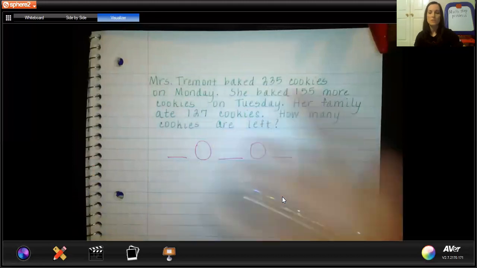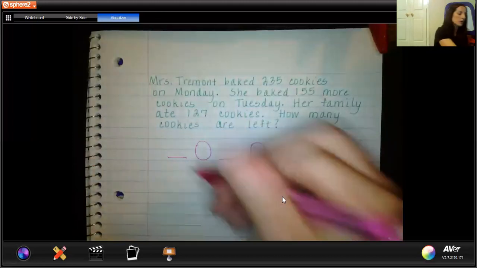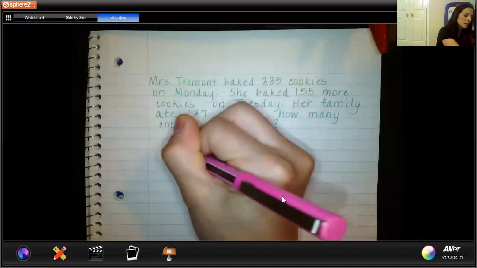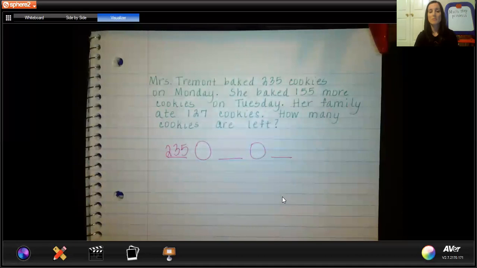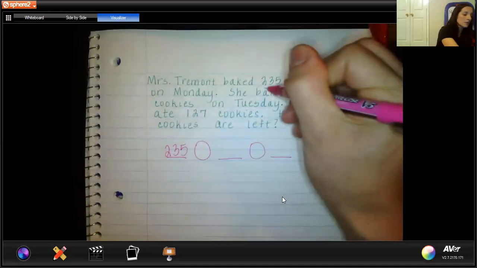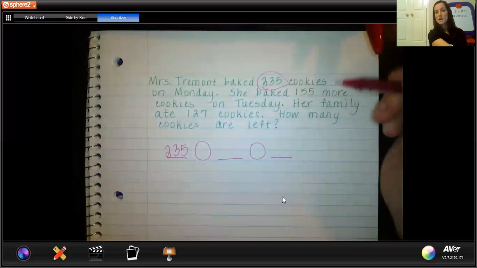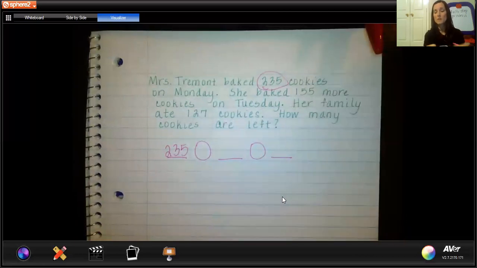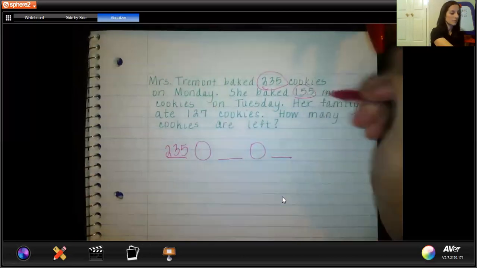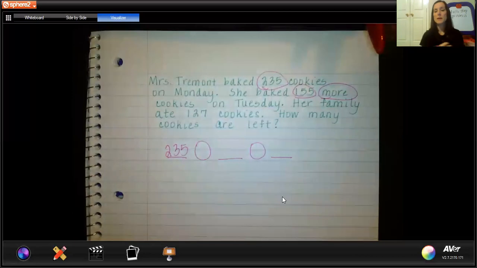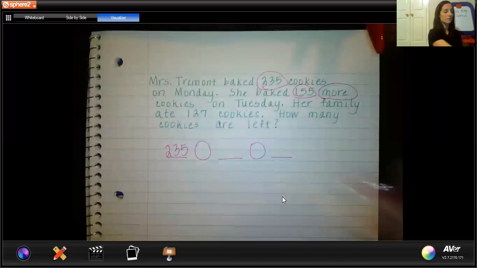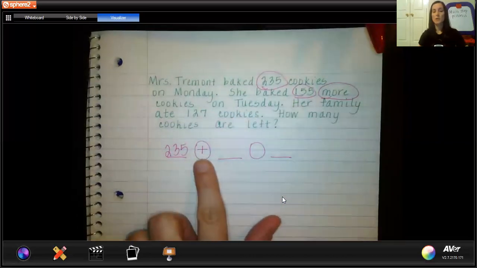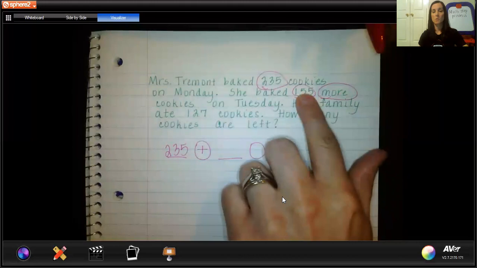Okay, so when I bake those 235 cookies, and I baked 155 more cookies. If I baked 155 more, that means I'm adding to my previous 235. So that means I'm going to combine those two totals. So I have 235, and I'm going to add, because I have 155 more.